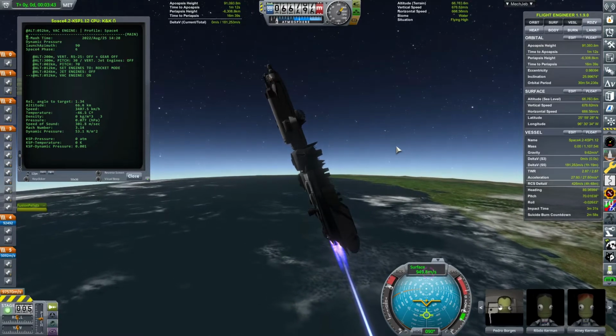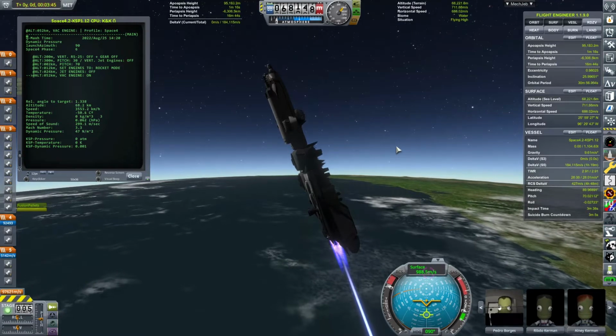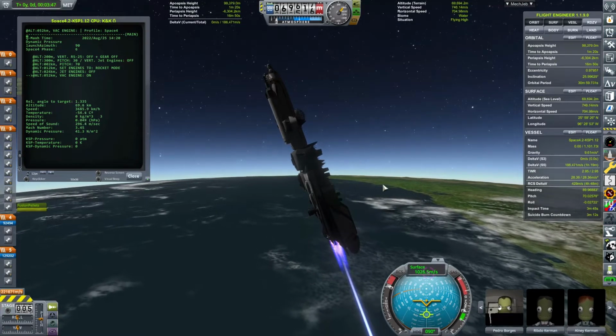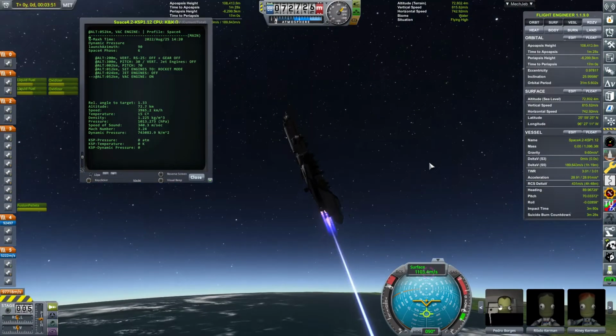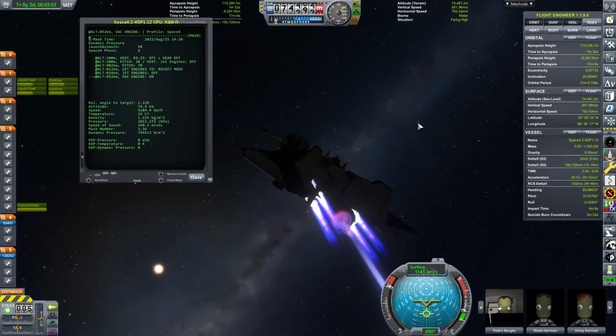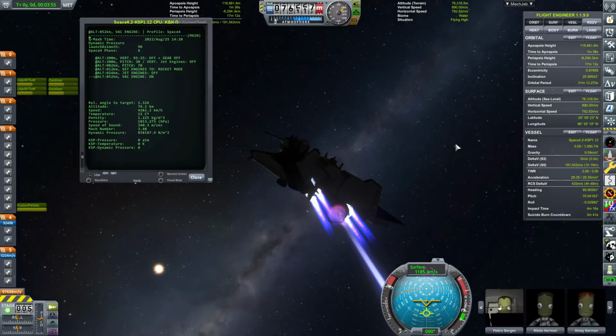Okay, right now we are trying to climb with this vacuum engine and at the same time with our atmospheric engines. These will be the same atmospheric engines that will slow us down at Mars and prepare us for the landing.